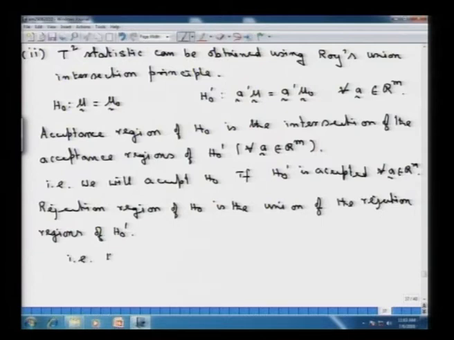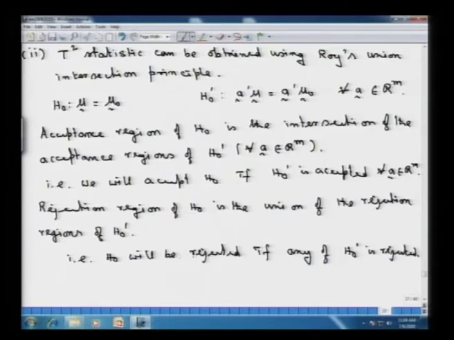That is, H naught will be rejected if any of the H naught prime hypotheses is rejected. So, rejection of any one of these H naught prime hypotheses would lead to the rejection of the main hypothesis, that is H naught, and accordingly the rejection region of H naught would be the union of the rejection regions of H naught prime hypotheses for A varying in R to the power m, right.